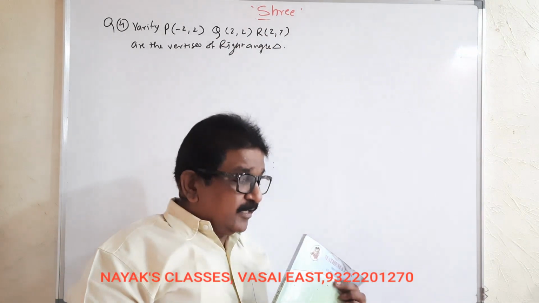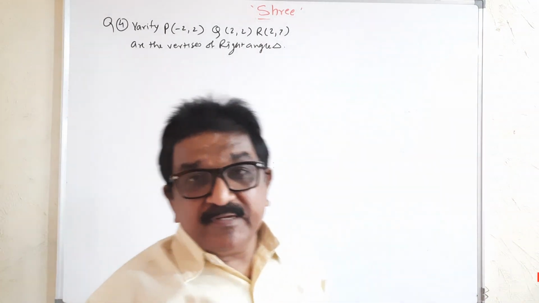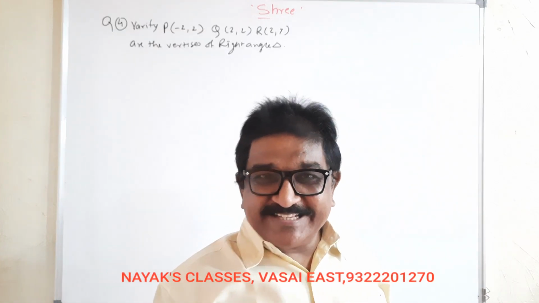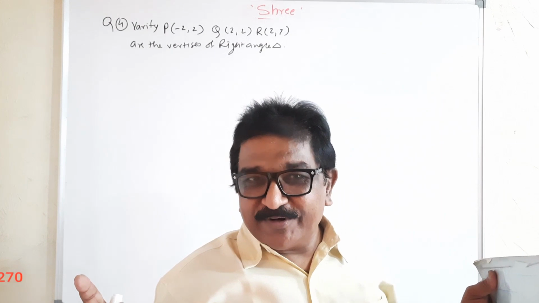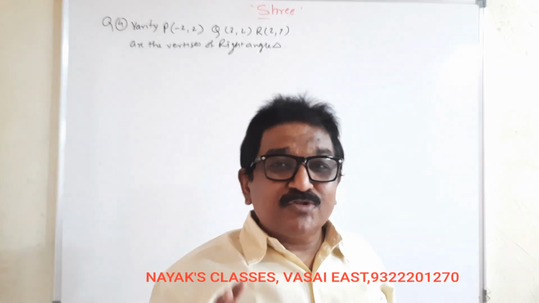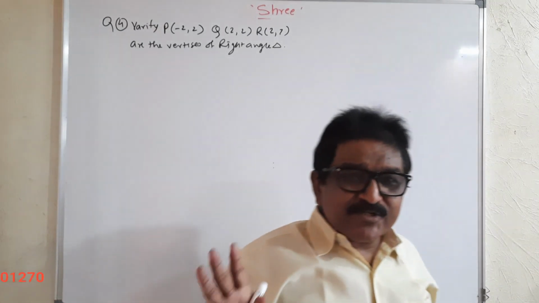So what is the right angle? When you say right angle triangle, what do you recall immediately? Pythagoras theorem. So there will be three distances, two will be smaller, one will be the hypotenuse. So hypotenuse square is equal to the sum of squares of the other two sides. Very simple.